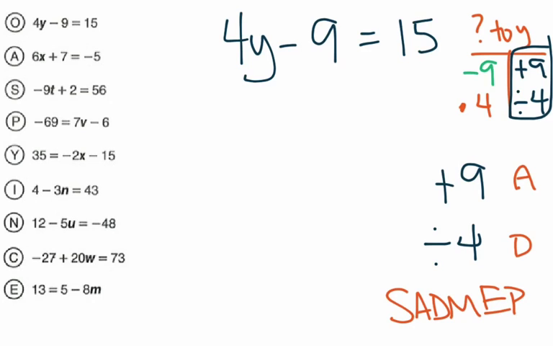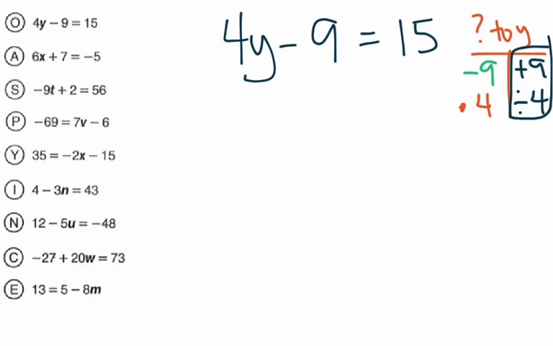Which one comes first in SADMEEP, A or D? Well, A comes right before D, so we're going to add first and then divide. We literally follow the order of SADMEEP every time. Whatever SADMEEP says, that's the order that we do it in.